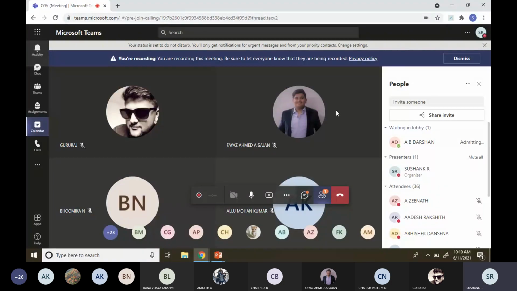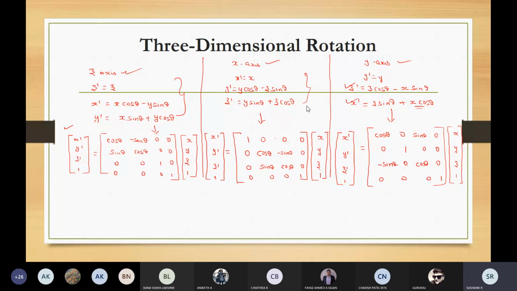You just look into the formulas for a minute so that we can start with the next concept. Then we can proceed with the next step that is involved in this rotation.